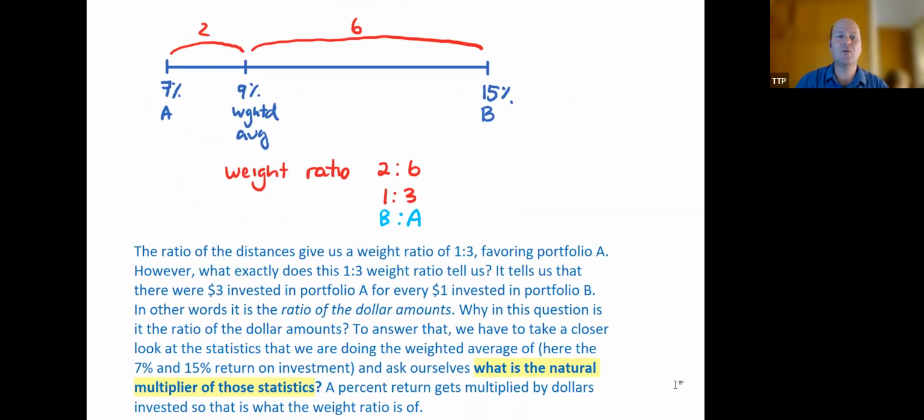Whatever the natural multiplier of the statistics is, that is the unit you're dealing with for the weight ratio. So when you think of a 7% return, it gets multiplied by what? By principal. So it's got to be the principal that the weight ratio is of. It's the ratio of the two principals.